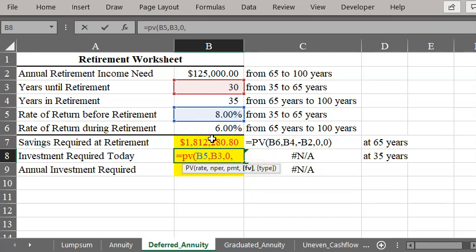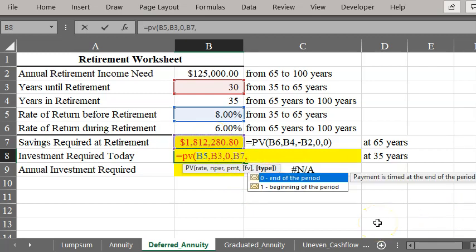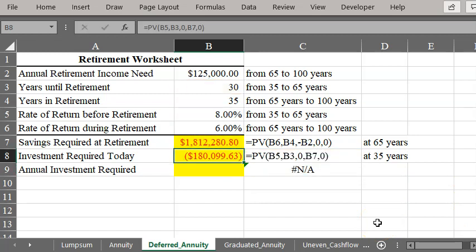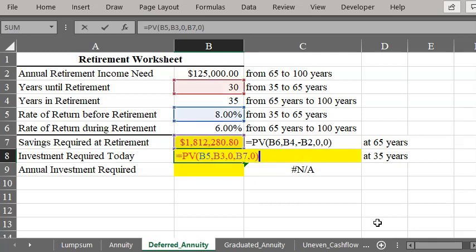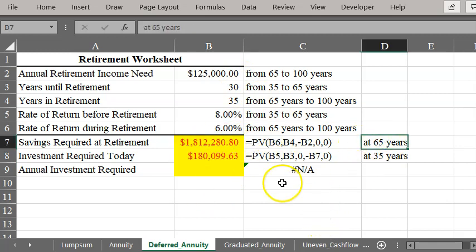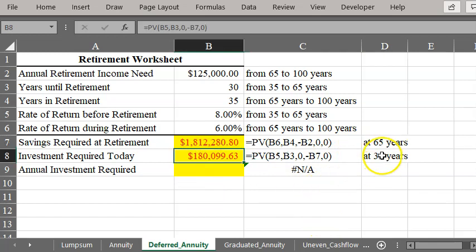Future value is this, and 0 for end of period. Okay, so we want to put a negative number here, so this number is positive. So all in all, what it means is the $1.8 million at 65 years is equivalent to $180,000 today.